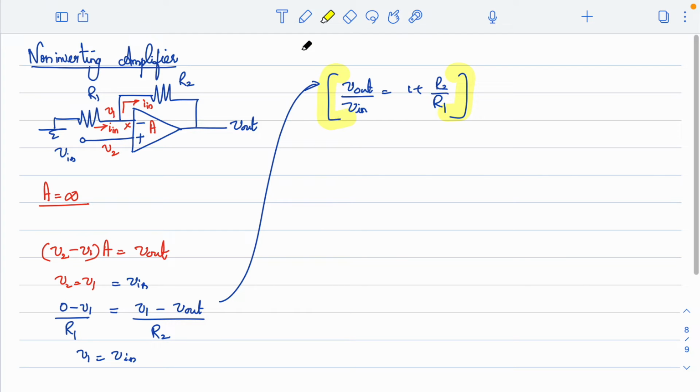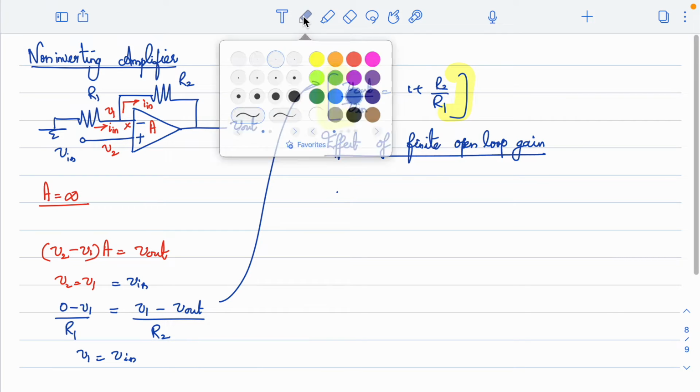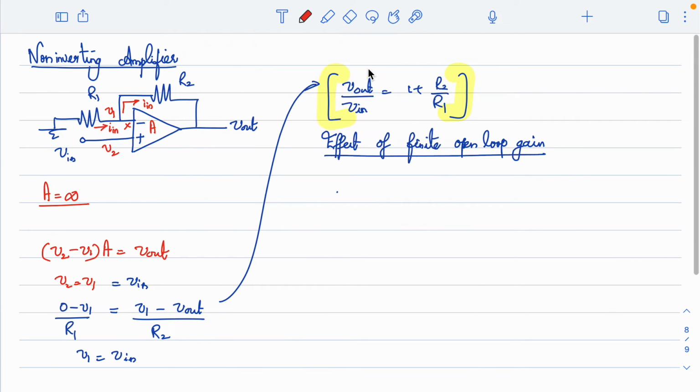Now, if you look at the effect of finite open loop gain in the same circuit, can you tell me what is the gain of this non-inverting amplifier with finite open loop gain? There is no difference. This expression holds good.